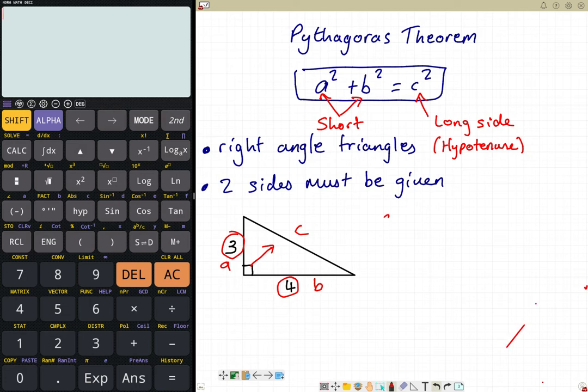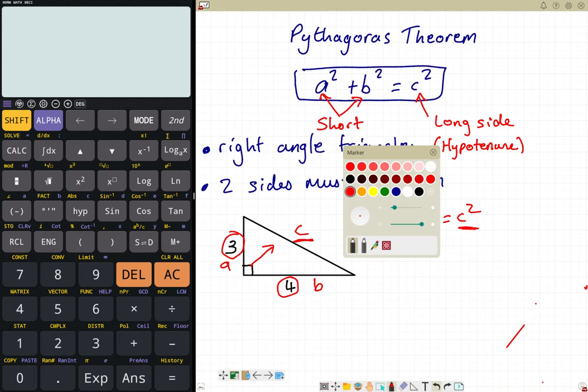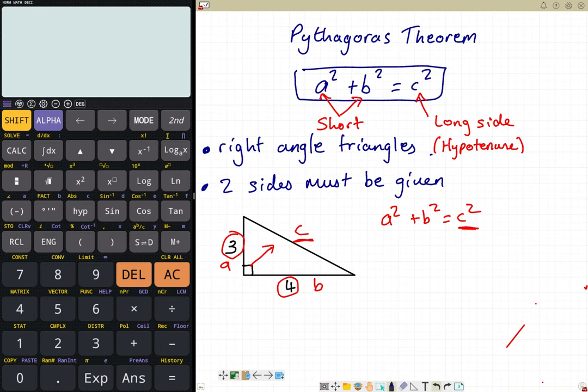So the formula states A squared plus B squared equals C squared. The formula just says square A, square B, and I'll get the square of C. So understanding this formula, guys, if you're trying to work out a long side, so if you're trying to work out C, you square then add.